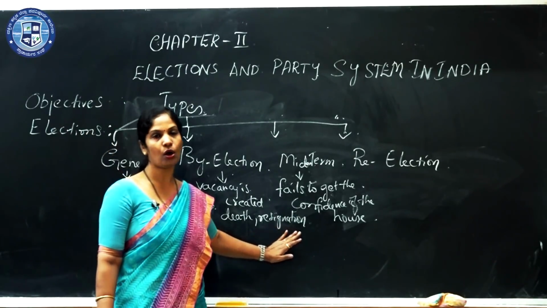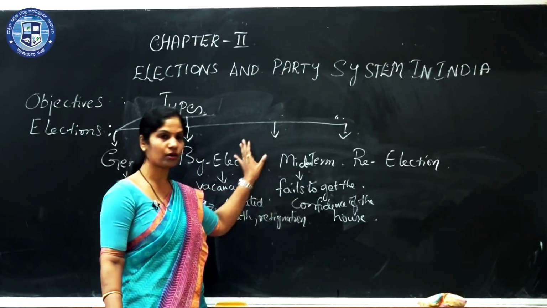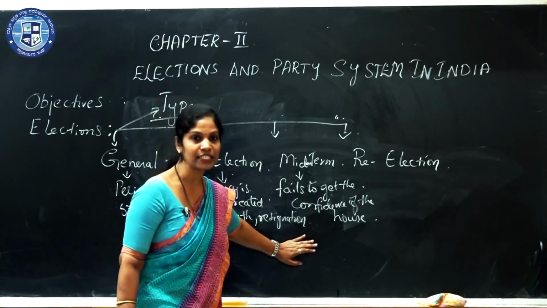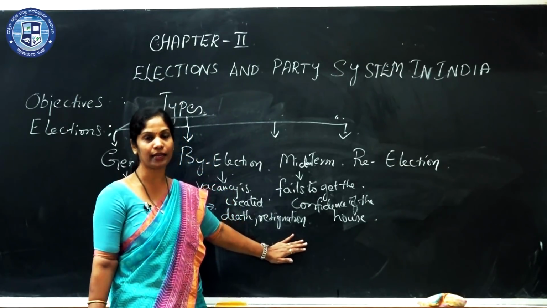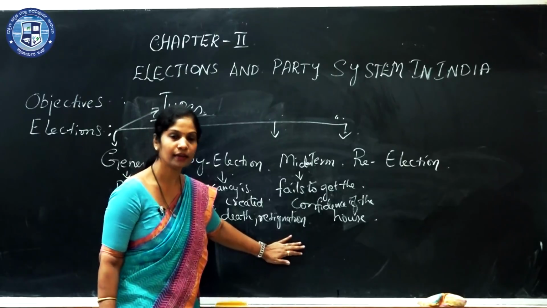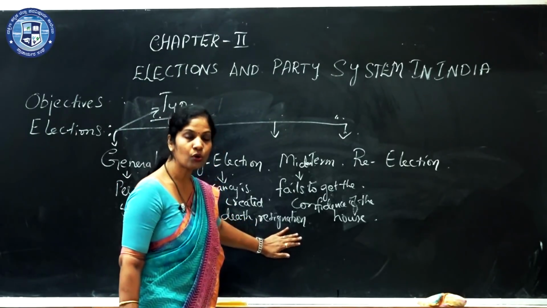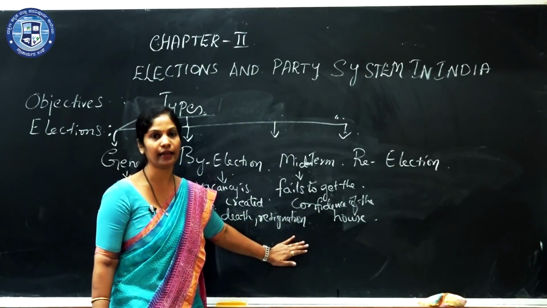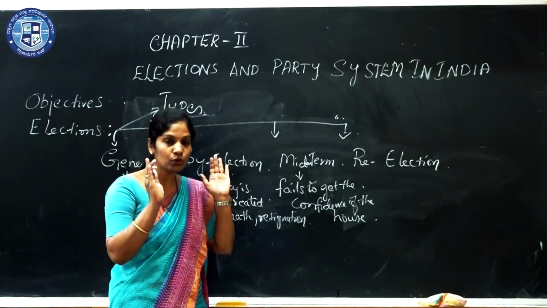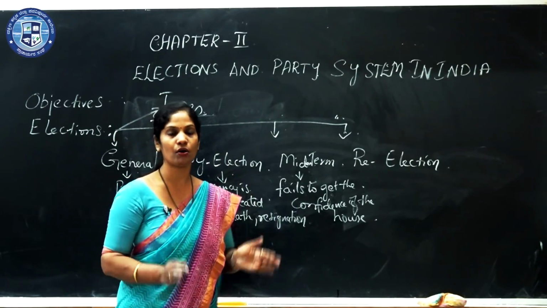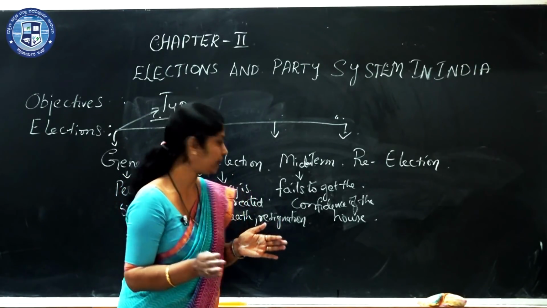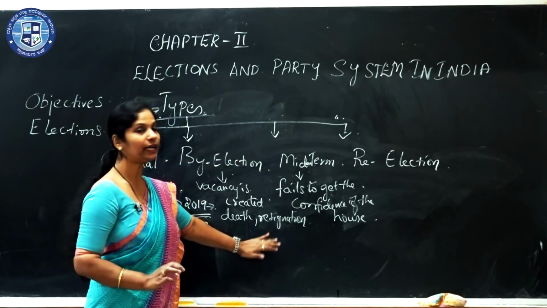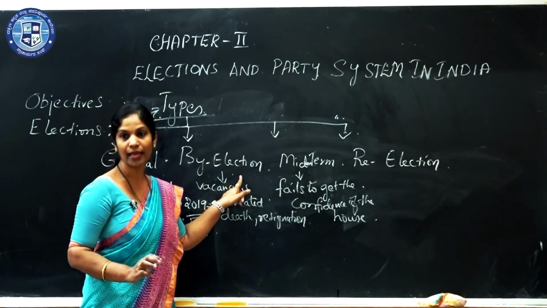Recently, all of us have seen that in Karnataka almost 15 legislators, or 15 MLAs, were disqualified by the speaker, and to those seats the elections were held once again. Only to those vacant seats the elections were held, and that election is known as the by-election.